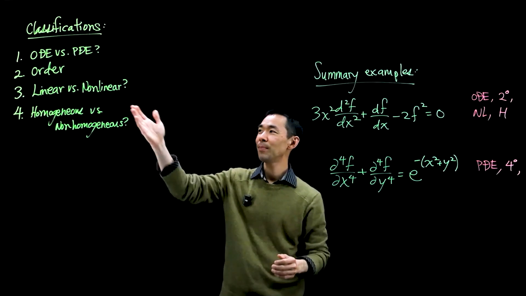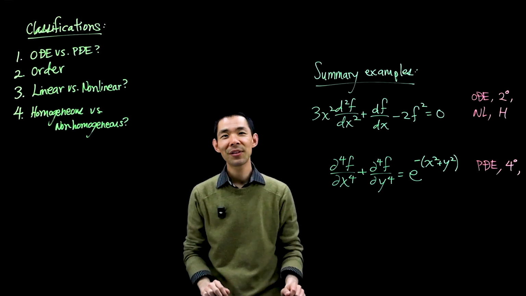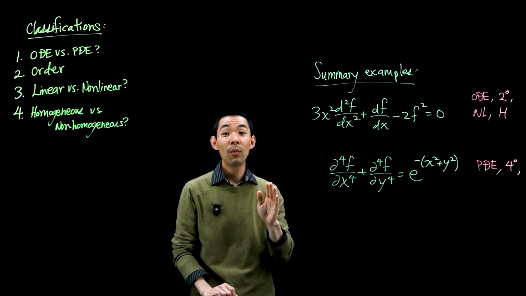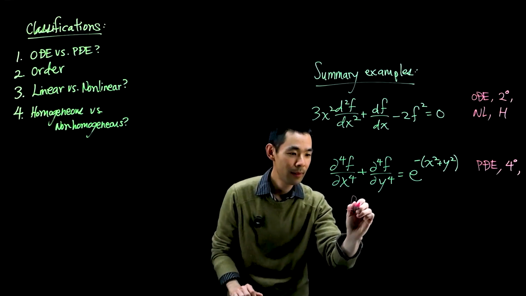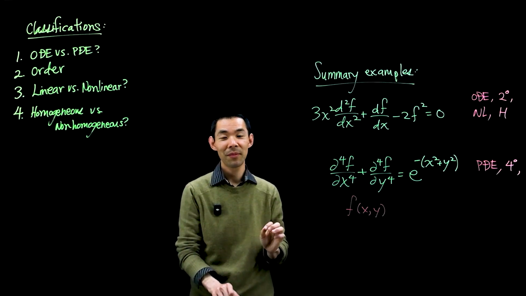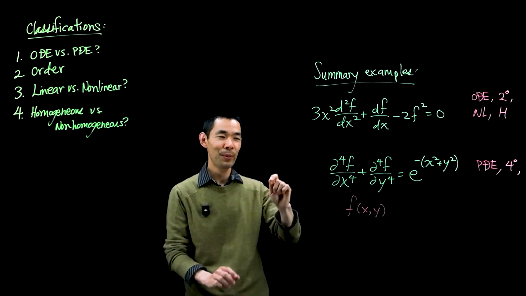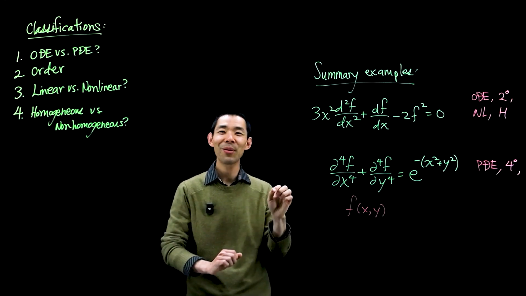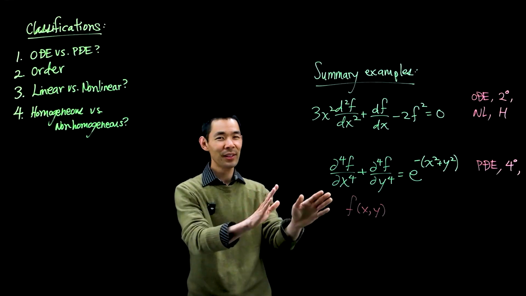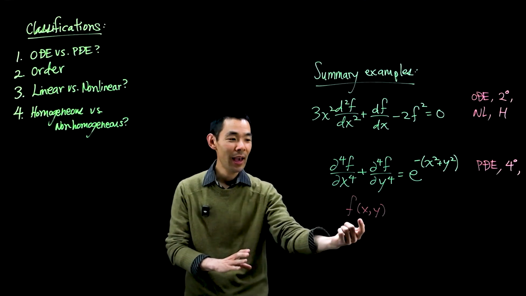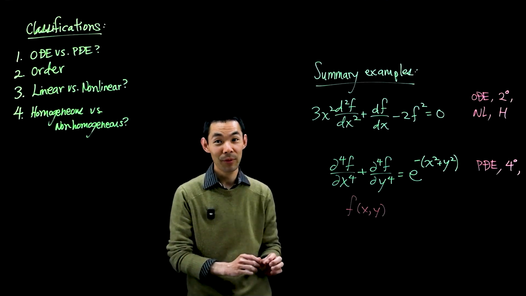Now, next question. Linear versus nonlinear. Remember, we want to get f. f is the function we want. A lot of students get confused over this because we've been using y as an example. y was the dependent variable, but in this case, f is the dependent variable. x and y are both independent variables.